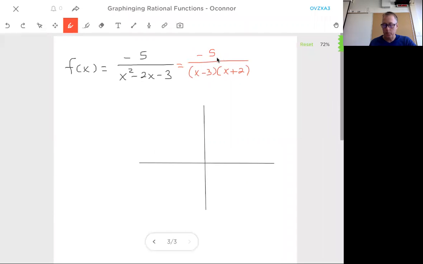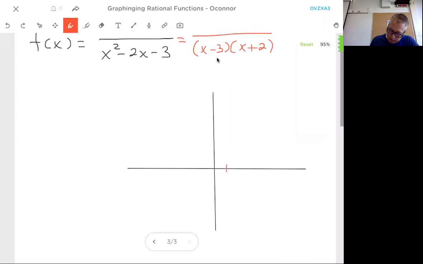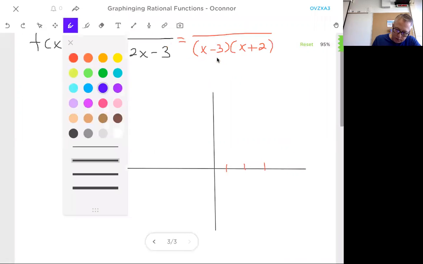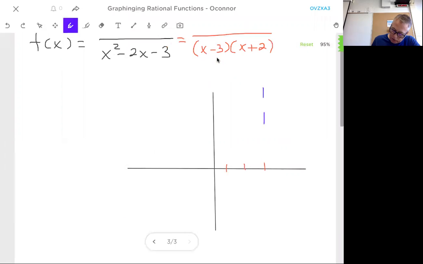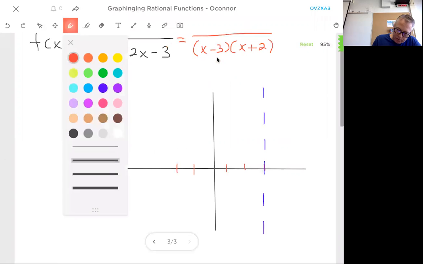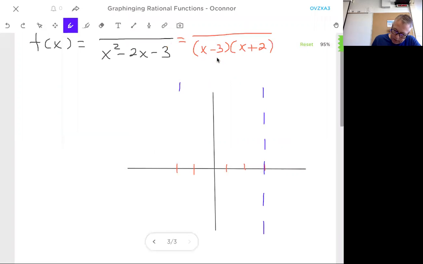Whatever makes the bottom equal to 0. Remember, at x equals 3, I guess I made my vertical asymptotes in blue. I'll try and stay consistent here. So there is one vertical asymptote. And at x equals -2, there is our other vertical asymptote.